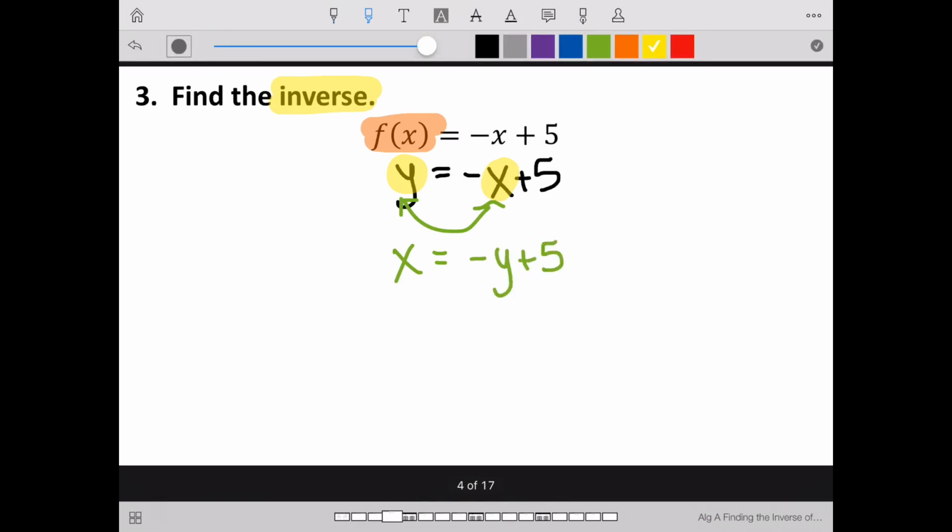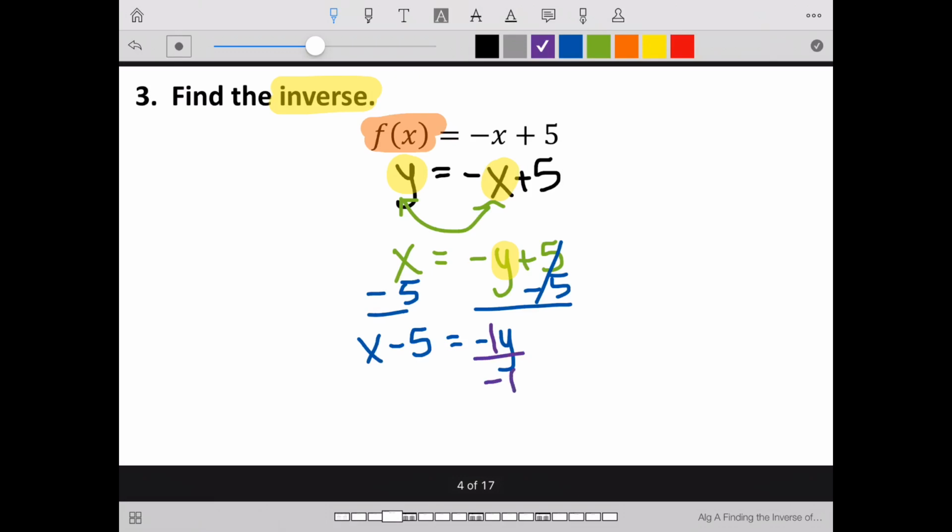Now I'm going to solve to get the y by itself. So I'm going to subtract 5 from each side. So negative y equals x minus 5. And now this negative sign is really like a negative 1.